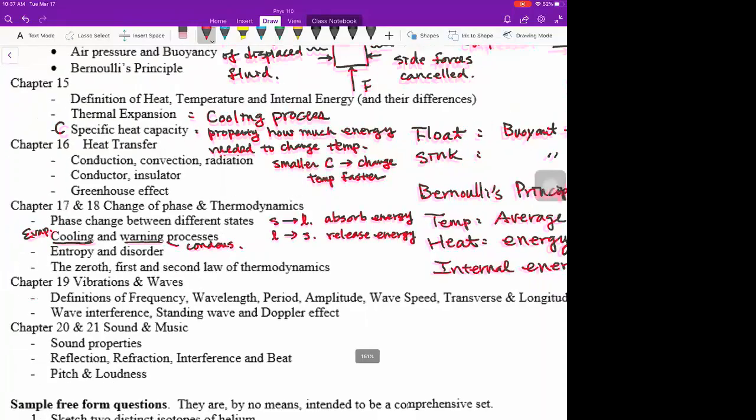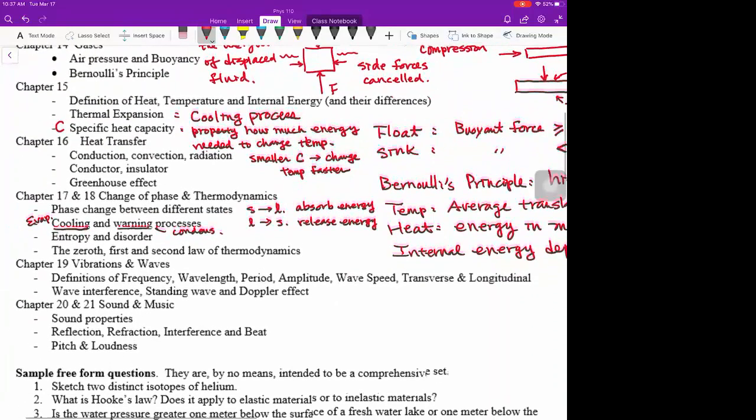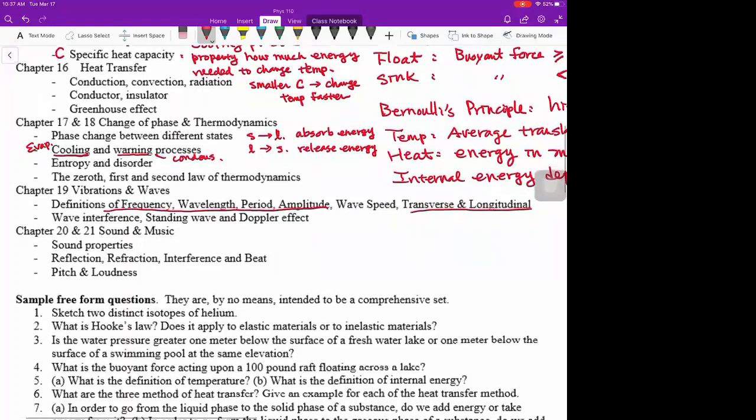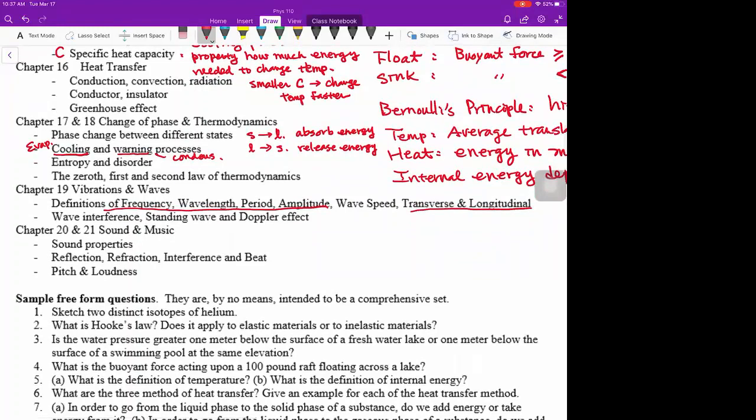One important thing about vibration and waves is that you need to know the definition of each one of these and what the two types of waves are. We just talked about these two types of waves, so I'm going to skip this part. Let me quickly make a drawing to show you what all these things represent. A transverse wave is the way we describe what a wave is.